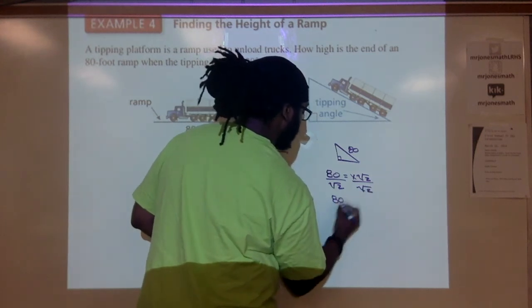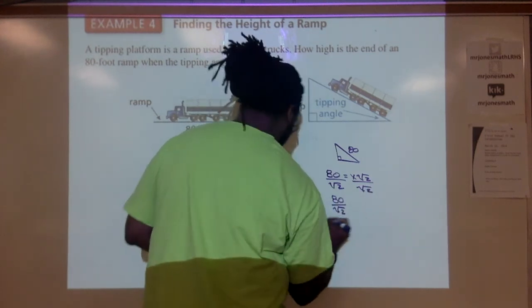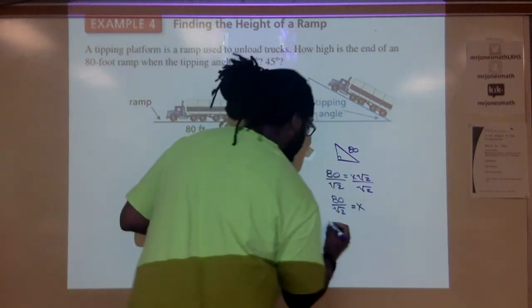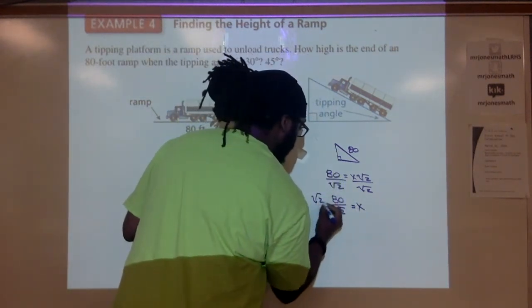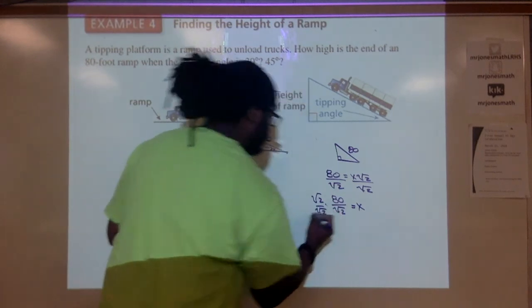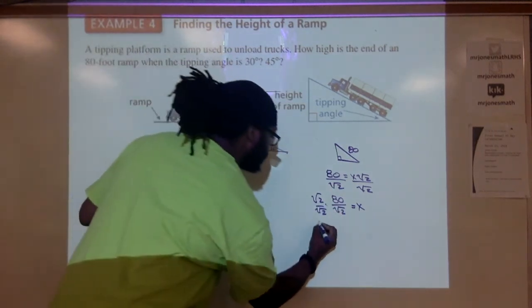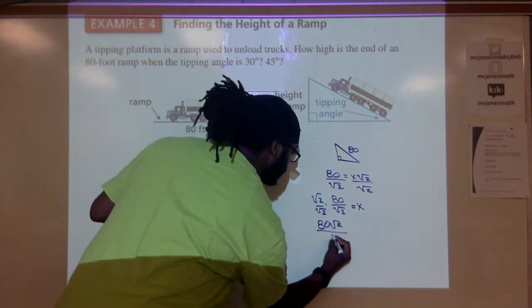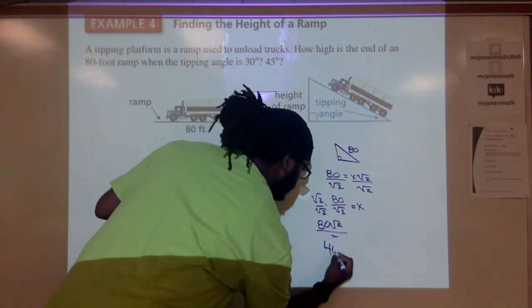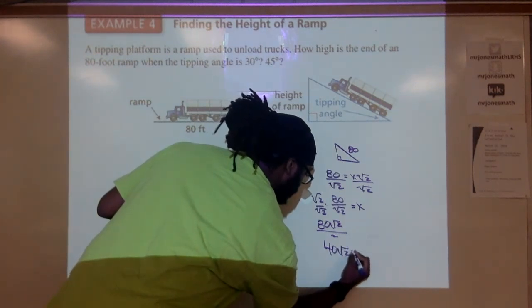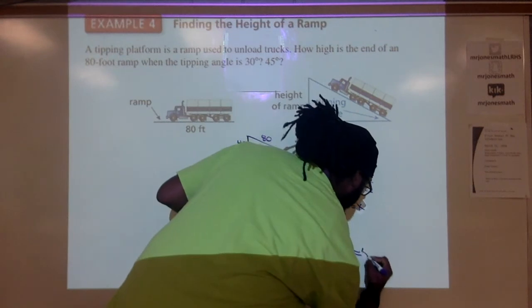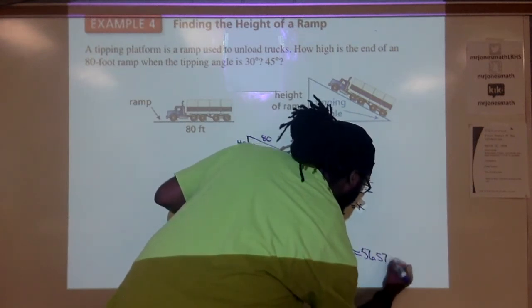So 80 divided by the square root of 2 equals x. Rationalize. Multiply top and bottom by the square root of 2. So you get 80 square root of 2 over 2, which is 40 square root of 2, which is about 56.57 feet.